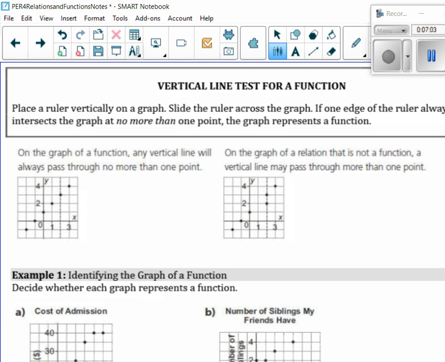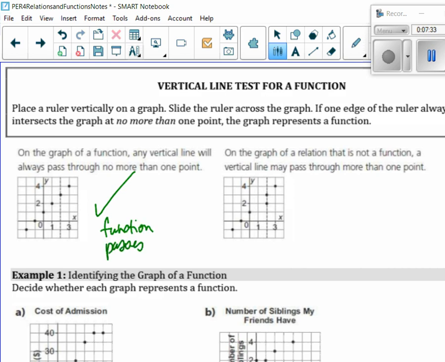If one edge of the ruler always intersects the graph at no more than 1 point, then the graph is a function. So for instance, on this one right here, do you see, no matter where I have my pencil, it's only intersecting 1 point at a time. So that means it passes the vertical line test, which means it is a function.